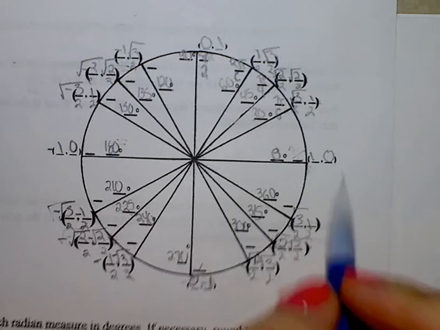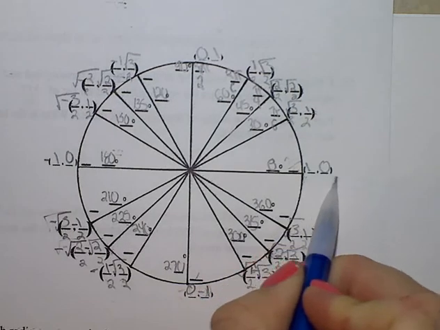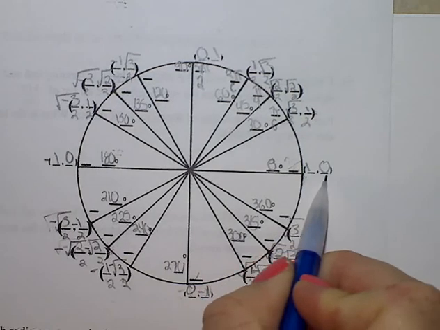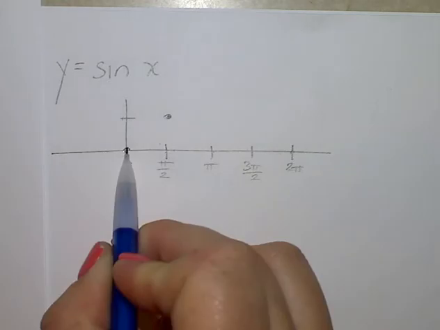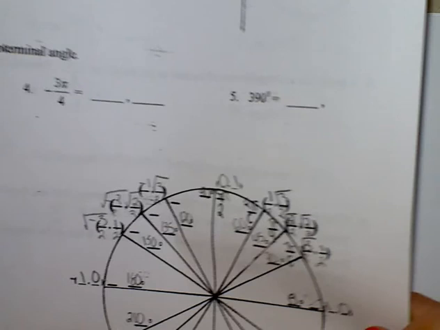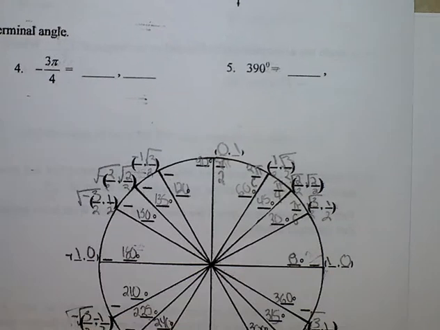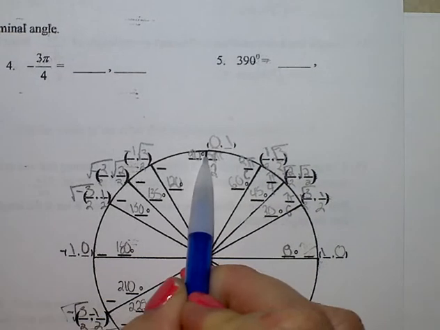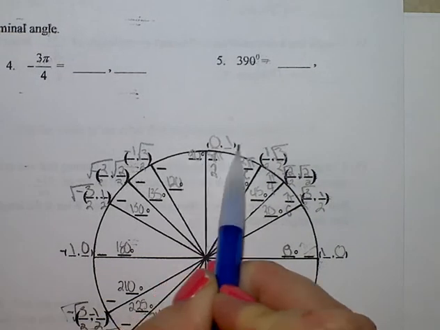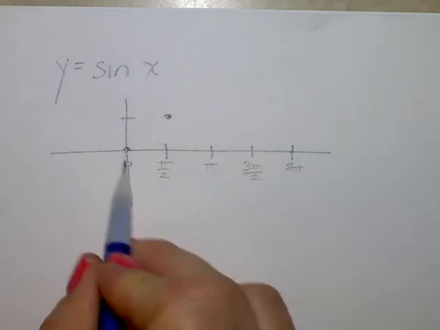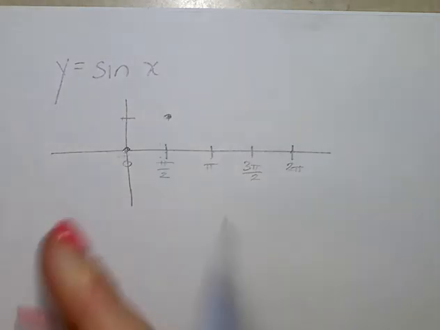Do you agree at 0, the sine value is 0? So at 0, I graph a y value of 0. Remember, y values are really like you're going vertically on the sine axis. And then at pi over 2, you have a y value of 1. So go over to pi over 2 and up to 1. Now go to pi.